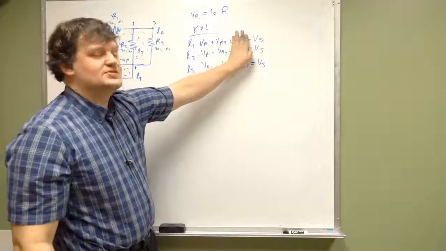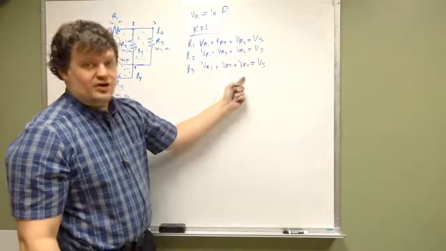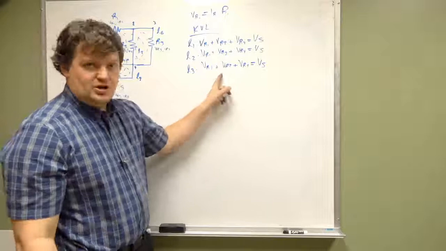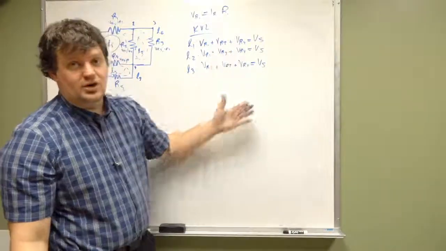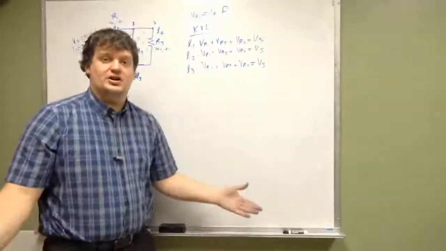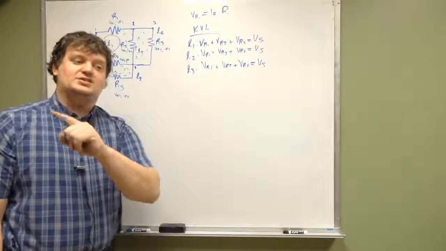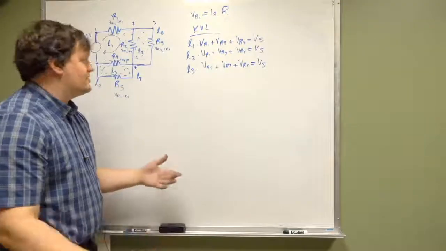Why? Because everything else is the same. VR1 plus VR2 plus VR4 or VR5 is equal to Vs. Vs minus VR1 minus VR2 is equal to VR5, which is also equal to VR4. Therefore, VR4 is equal to VR5. Just taking these two equations, combining them, you can prove that to yourself. I'm not going to write that again, but I know that for a fact.